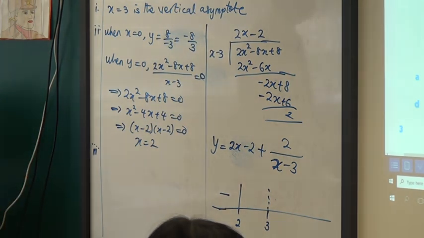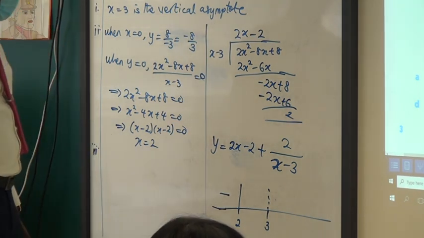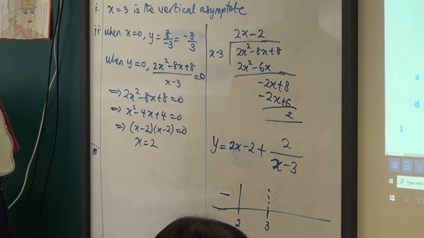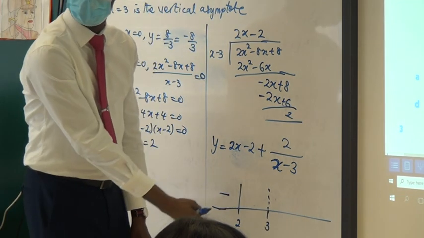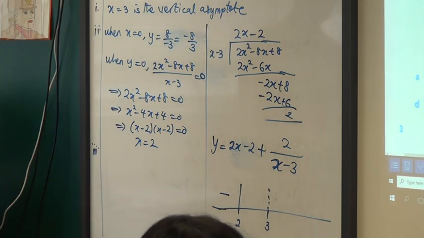Let's try 2.5. Perhaps because of this equal root thing. Yes, because of the equal root, the two regions next to each other have the same sign.